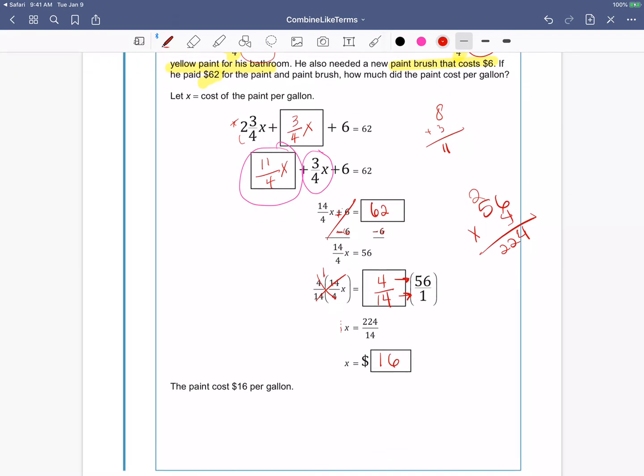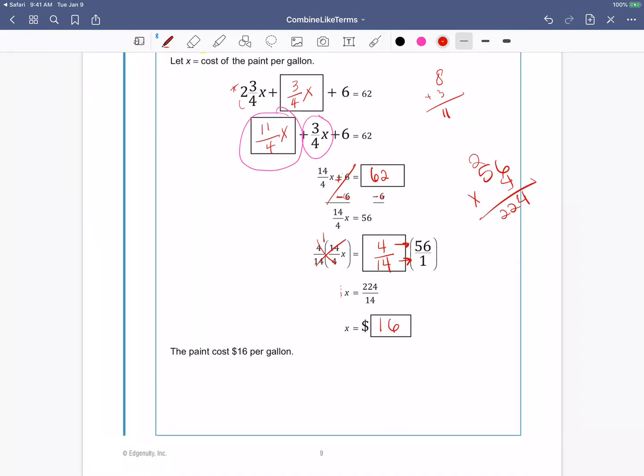If I were to go back and plug it in, I'm going to leave it at my 11/4 times 16 plus 3/4 times 16 plus 6 should equal 62. Okay, now I can simplify. Remember, you don't have to do it this way. This is just a quick check, right? So 11 times 4 is 44. 3 times 4 is 12.